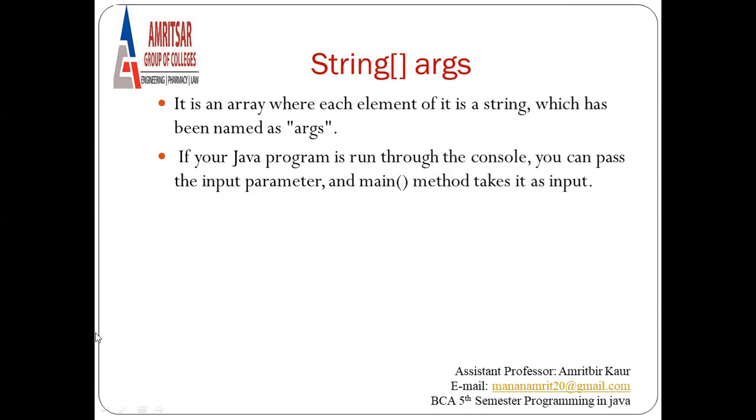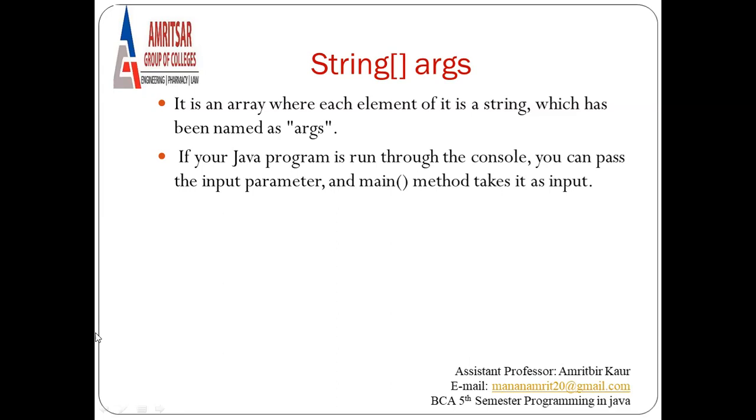Then in the main function, we set a parameter, String args. String is a data type, meaning a collection, a sequence of characters. It is an array because after String there is the sign of an array. It is an array where each element is a string which has been named args.